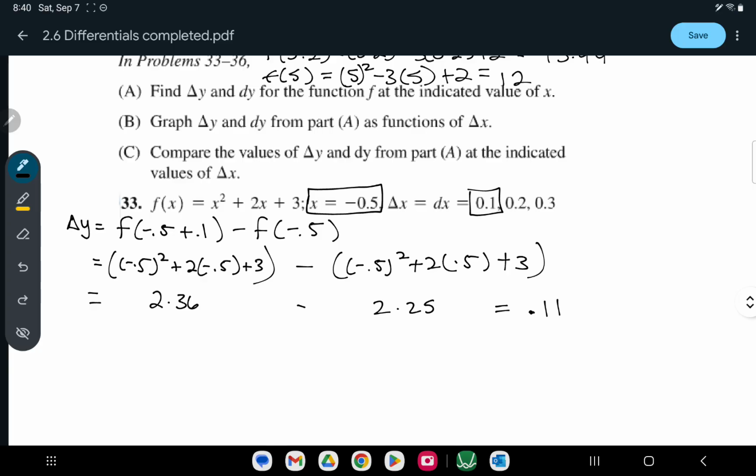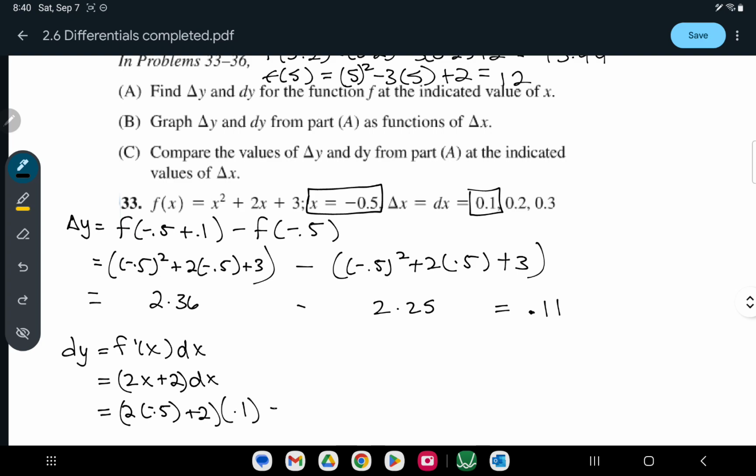So now I want to find the approximate change, right? So dy is the approximate change, and that's the derivative times dx. So the derivative is 2x plus 2 times dx. My x value is negative 0.5, and my dx value is 0.1. So let's see, the first one's going to give me 0.1.